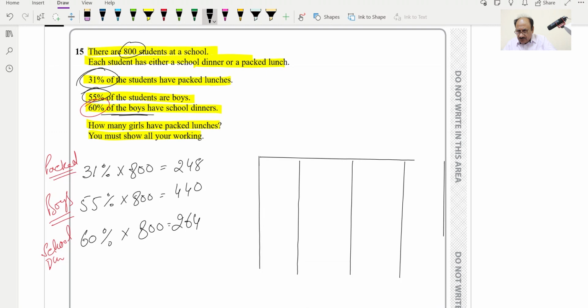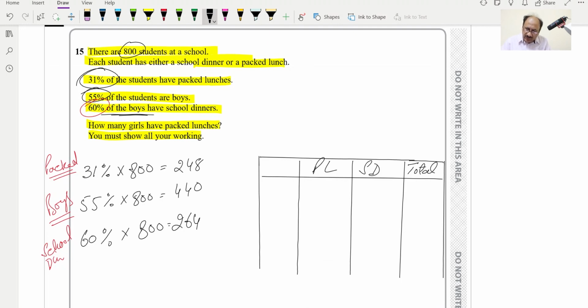On the top we can provide the headings: packed lunch, school dinner, and total we can add up here.